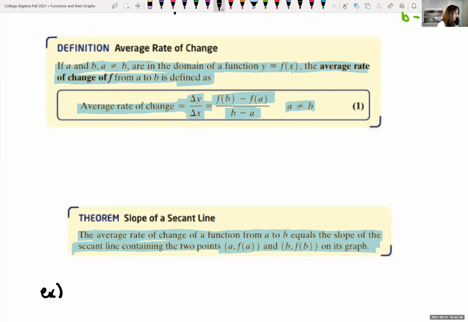Let's say that f of x is equal to negative x cubed plus 1.